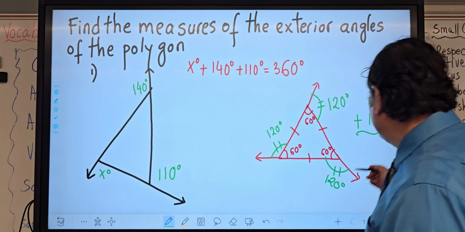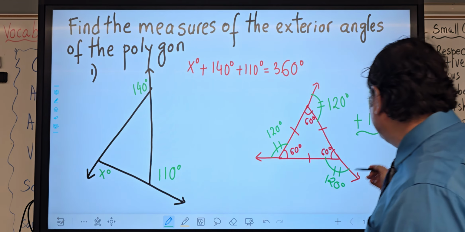That's the reason all the exterior angles of any polygon add up to 360 degrees. Another way of looking at it: if we cut each angle with scissors, all these angles together are going to form a circle.